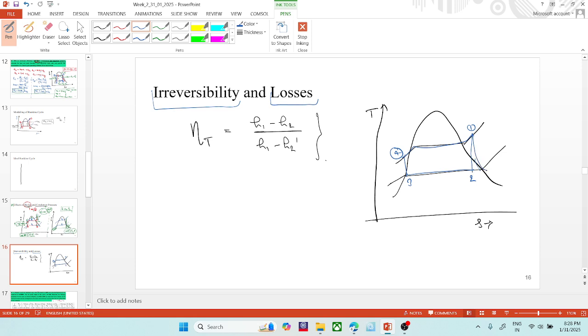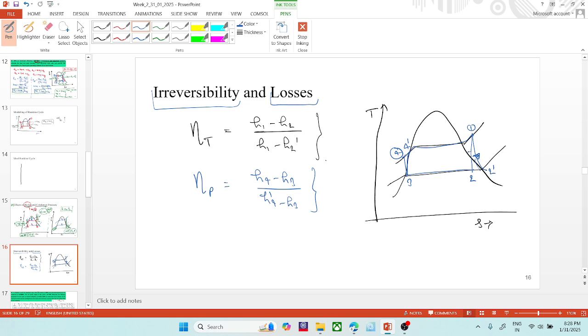It can go beyond this line like this. This would be 2 dash and this could be my 4 dash. So the isentropic efficiency of the pump would be, as I have earlier written, H4 minus H3 divided by H4 dash minus H3.